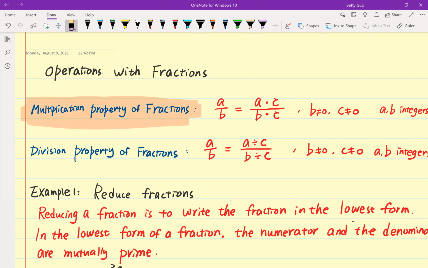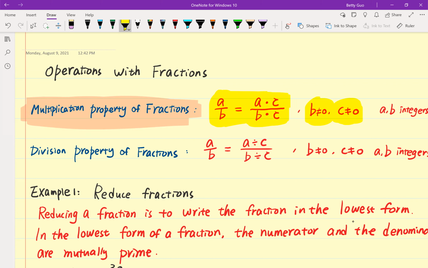It says if we have a fraction, let's say the fraction is a over b, where b has to be non-zero, then if we multiply both the numerator and denominator of this fraction by a non-zero number c, the numerator a multiplied by c over the denominator b multiplied by c, then we will have an equivalent fraction. The value of the fraction will not be changed.